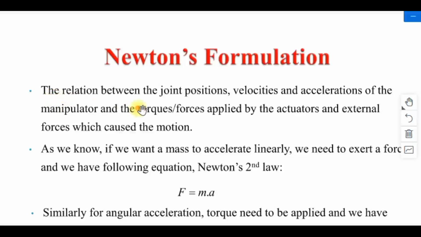So the relation when we consider force, F equals ma, which is basically from Newton formula. So the relation between the joint position, velocities and acceleration of the manipulator and the torque or force applied by the actuator and external force which cause the motion.